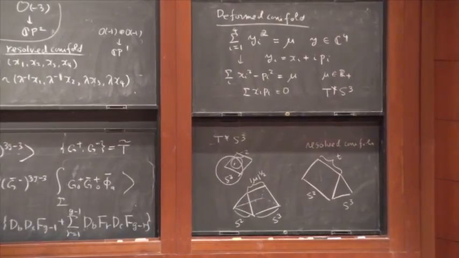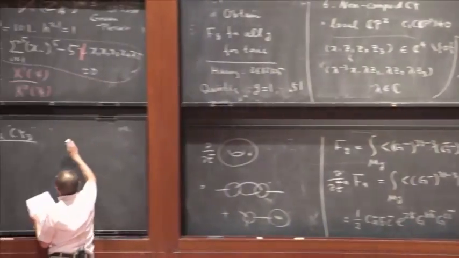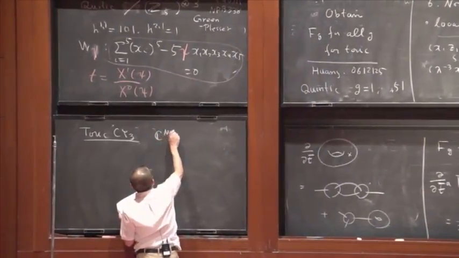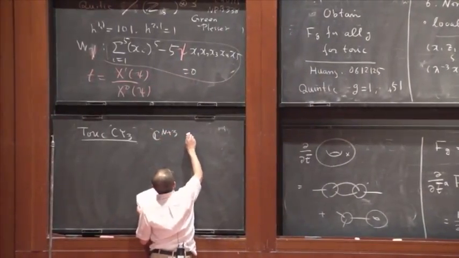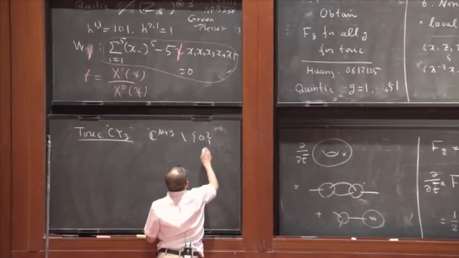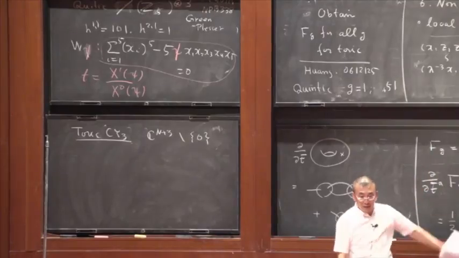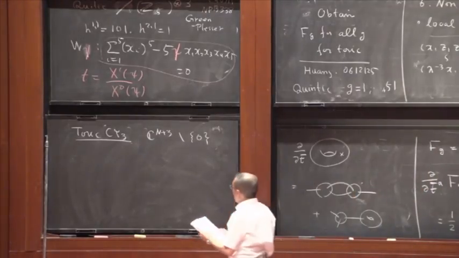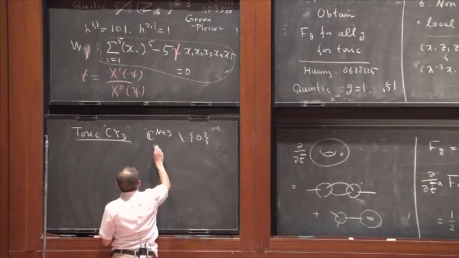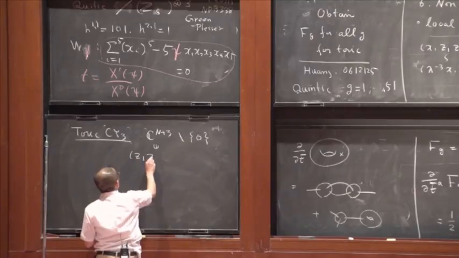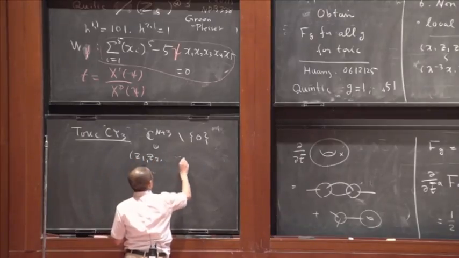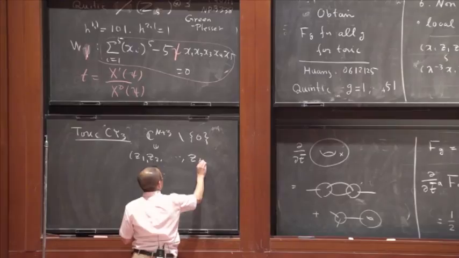In order to describe toric Calabi-Yau, we start with a geometry which is C^(N+3). So for example, in these two examples, capital N would be 1. So you have N+3 complex coordinates.